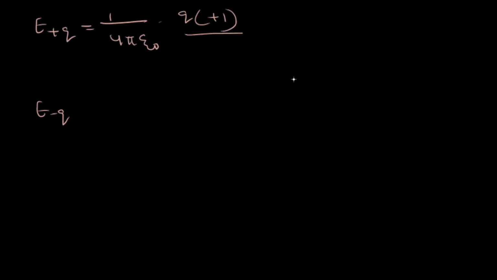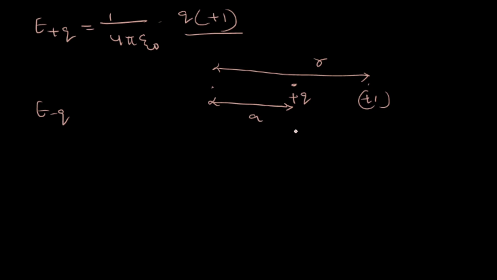We have the positive charge and the unit positive charge, and this is the center of the dipole. The distance between the center of the dipole and the unit positive charge is r, and the distance between the center of the dipole and the positive charge is a. Therefore, this distance will be r minus a. So substitute here (r minus a) whole square.